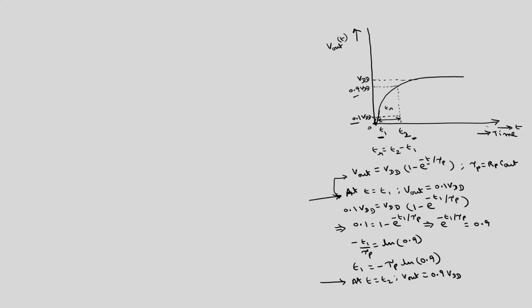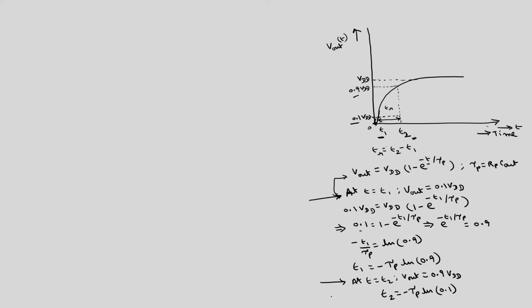If you do it in a similar manner, you will get t2 as minus tau p ln 0.1. You can easily see that this will be 0.9 if we subtract from 1, and it will be 0.1.